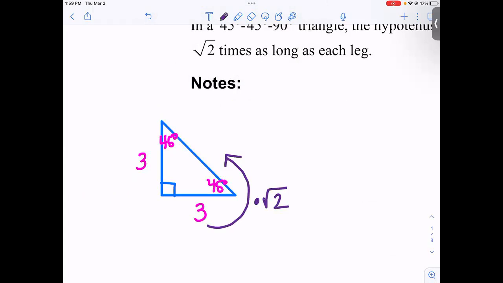So our hypotenuse would be 3 radical 2. Now, you can do the Pythagorean theorem every time to figure this out, but if it's a 45, 45, 90 triangle, it's going to be this relationship every time. So we can just save time and get our answer in 5 seconds instead of 30 seconds.